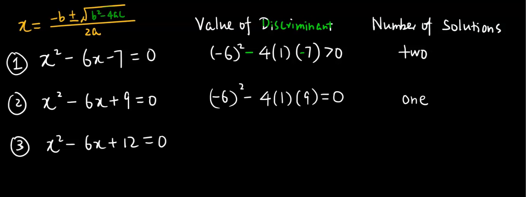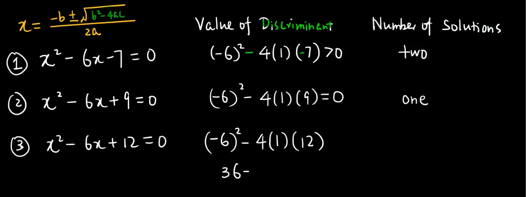Last one, let us look at this. x squared minus 6x plus 12. Discriminant: negative 6 squared minus 4 times a times c. So we have 36 minus 4 times 1 is 4, 4 times 12 is 48.